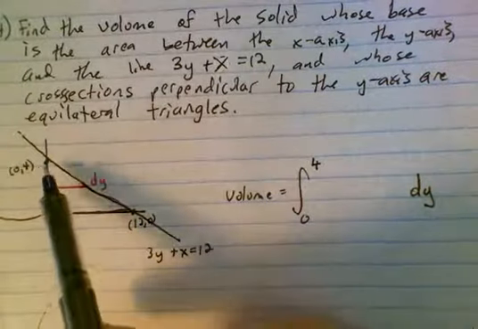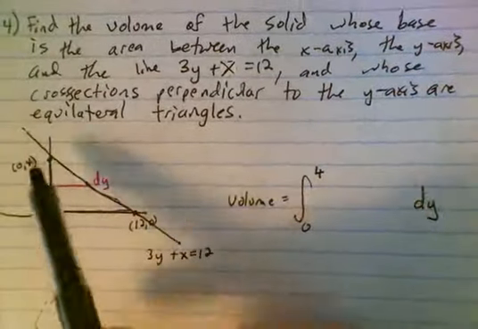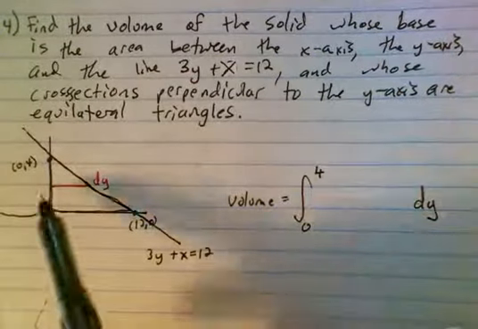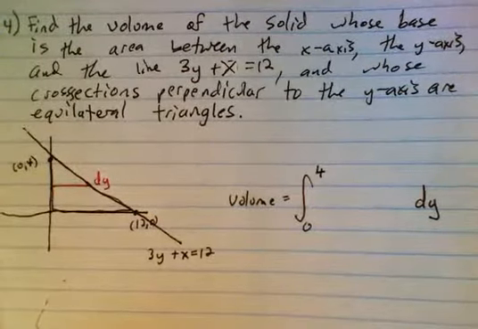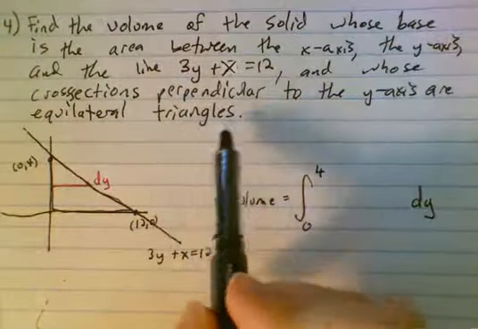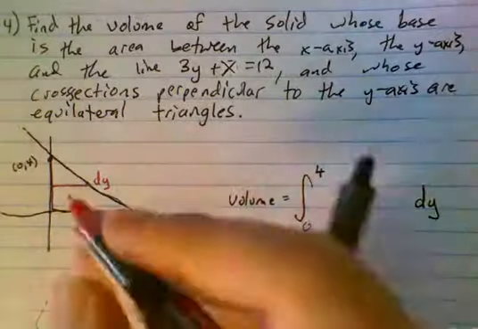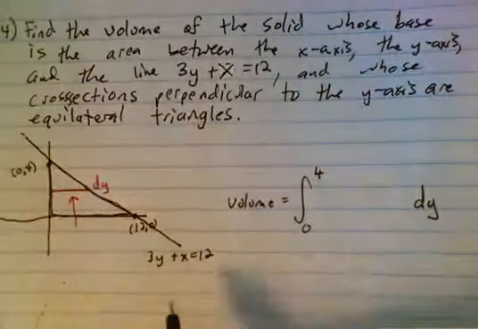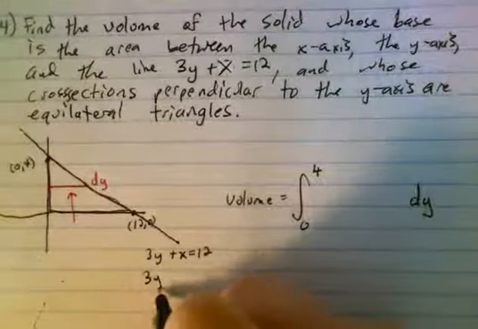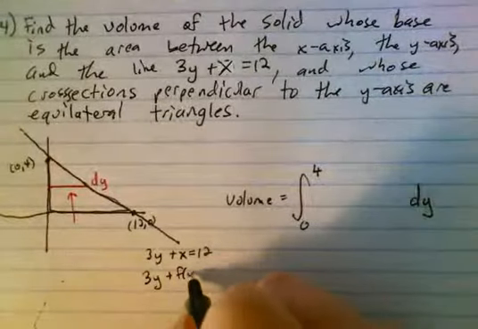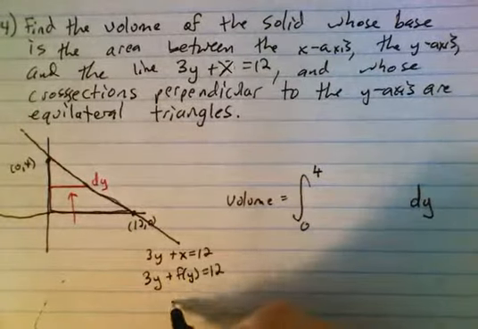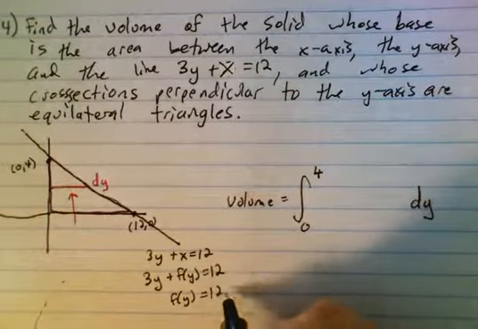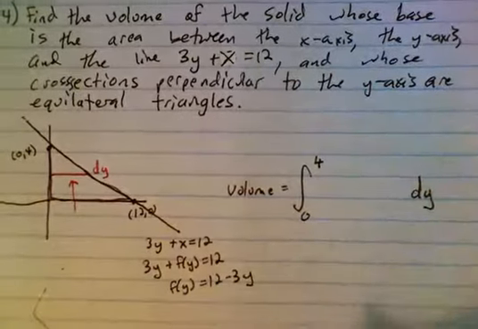So it was useful if we graphed this by plotting these 2 points. Otherwise, we just have to plug in and find them now. And we know that cross sections perpendicular are equilateral triangles. We're dealing in terms of y, so that means everything should be a y. This should be 3y plus f of y equals 12. f of y equals 12 minus 3y.